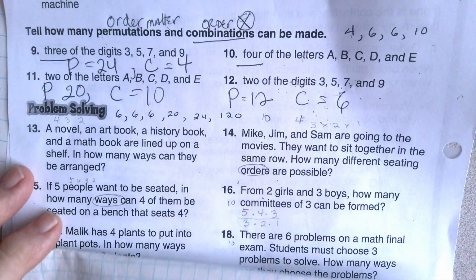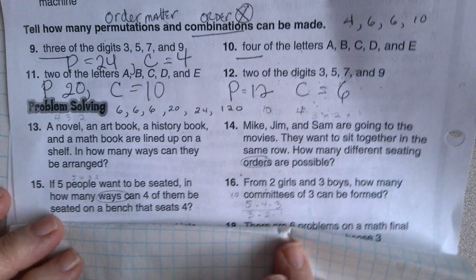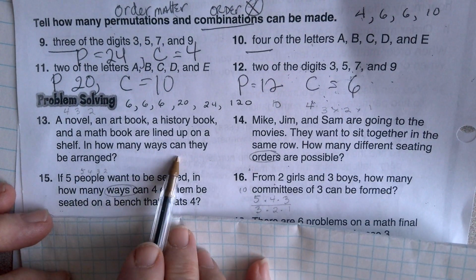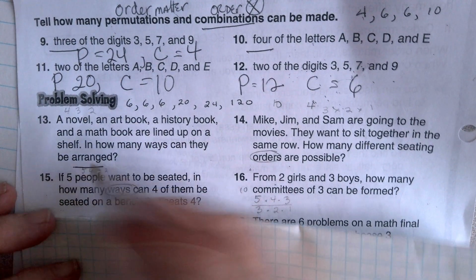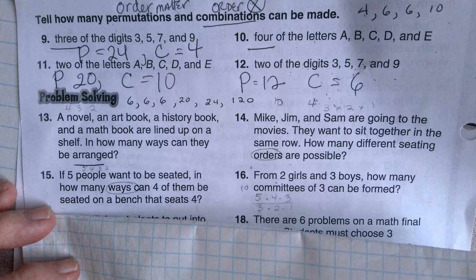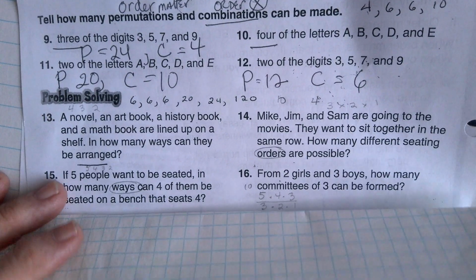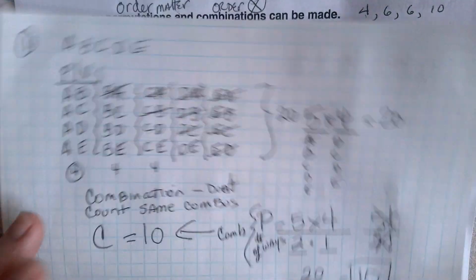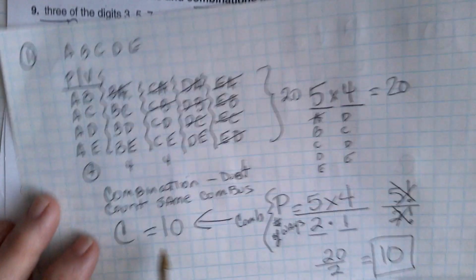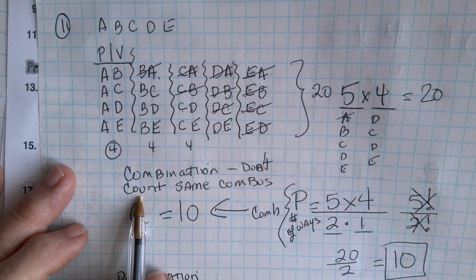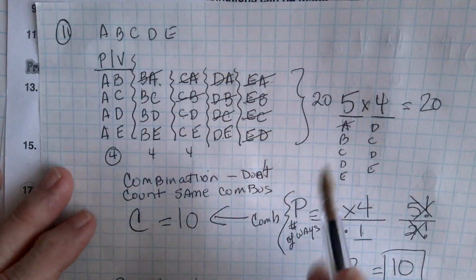Okay. On the number 13, how many different ways can they be arranged? This is an order. Do we need the permutation or combination? Combination, you don't count the combos. The order doesn't matter.